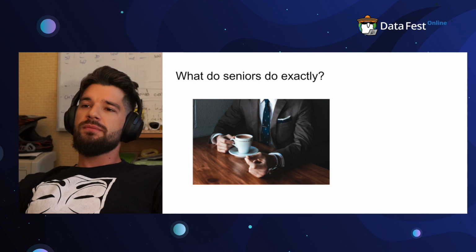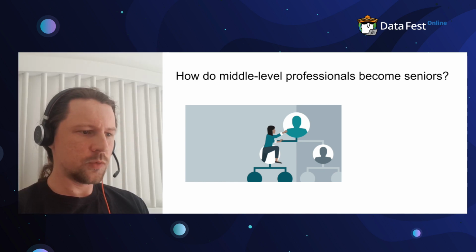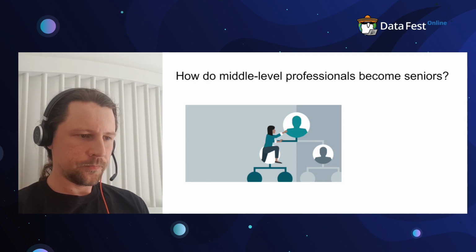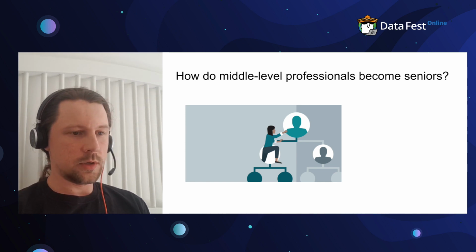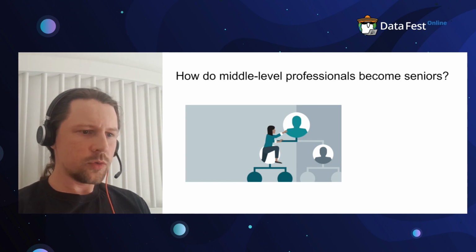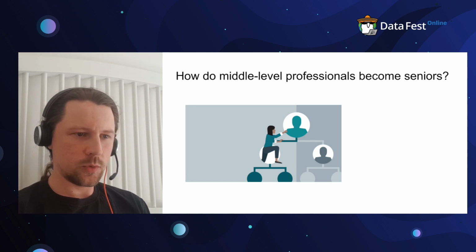So, I guess this is the main question of our talk today. How do middle-level professionals become seniors? In my opinion, there are two factors that you need to think about to become a senior. The first is ownership, and the second is communication. You need to work on these two to actually become a senior. Ownership is when you take responsibility for one part of a project and you're not afraid of making any decisions there.